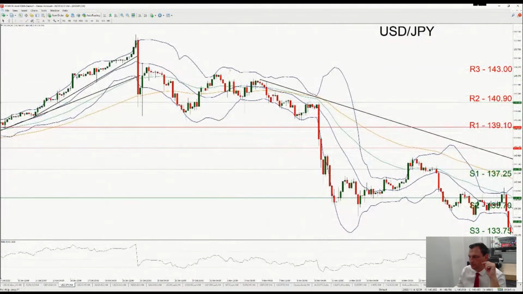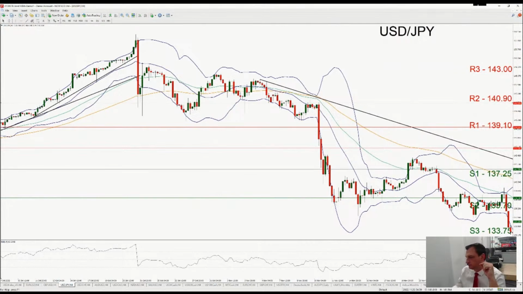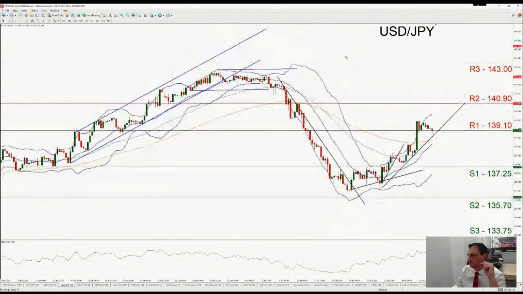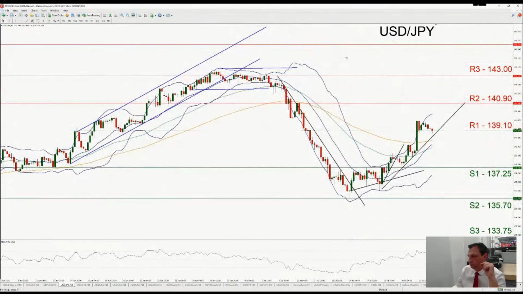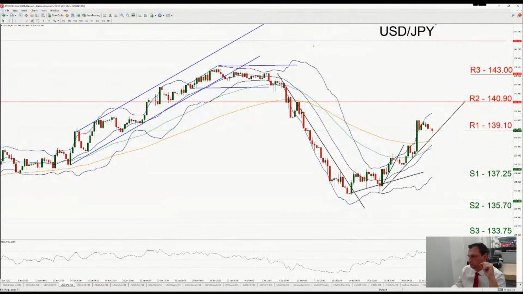Noting this level here, in red, 146.55. Locking it in. Could go even higher. Let's correct the labels as well.